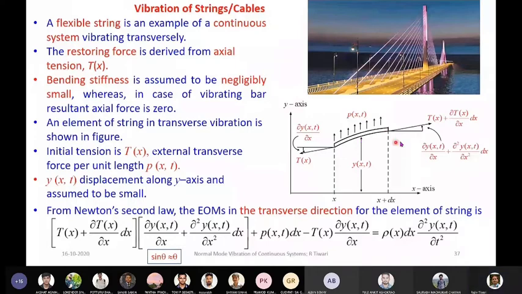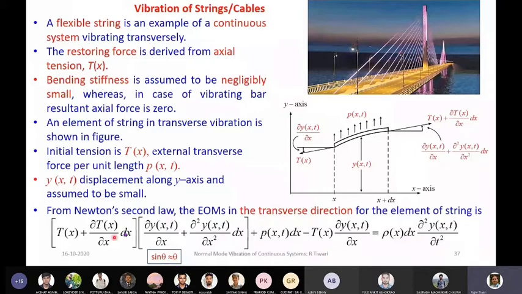If we take the force component along the perpendicular direction, that is the y direction, because this angle is small, sine theta of this component will give us the force component in the y direction, where theta is this angle. For a small angle, we can consider sine theta as the angle directly.